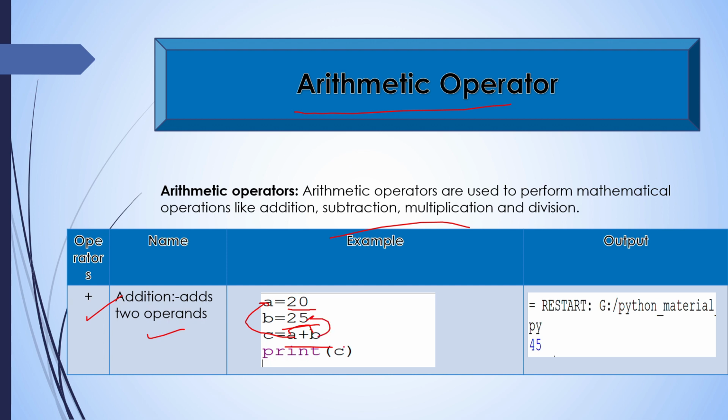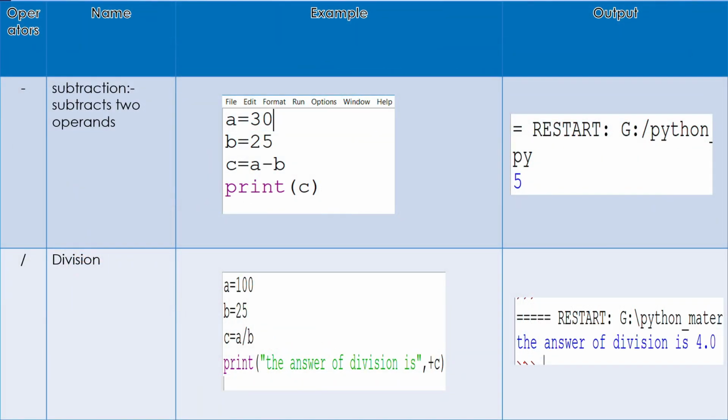Then print C. The manipulated output comes into C. So what came here? 45. The output is 45.